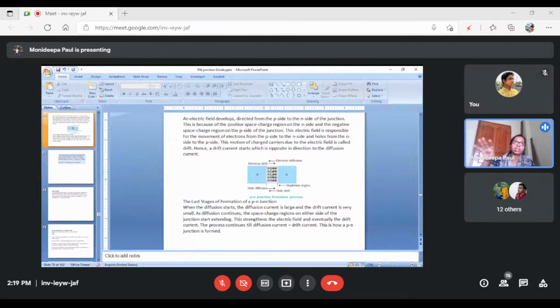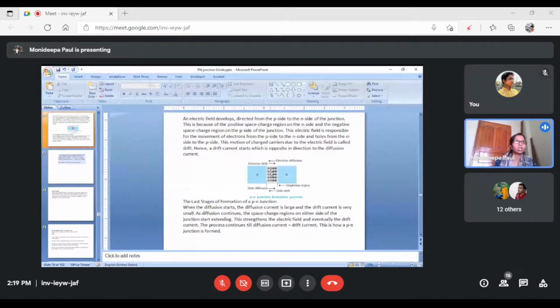Drift current is starting. This potential difference forces the positively charged ions to move towards the p side. And when the potential difference increases, the force applied to the positively charged and negatively charged ions will increase, and drift current due to holes and electrons will be increasing.